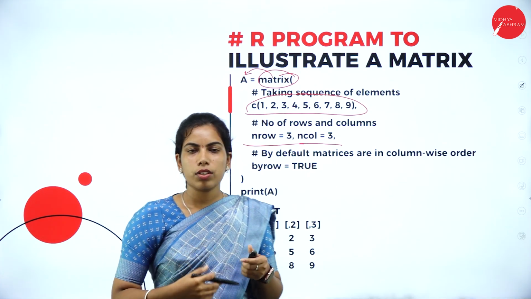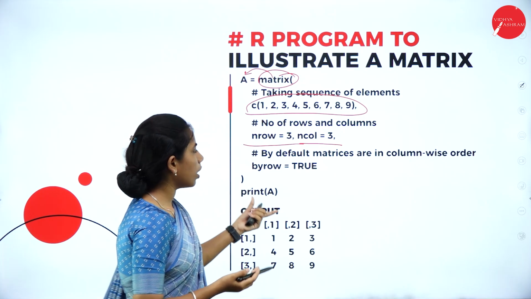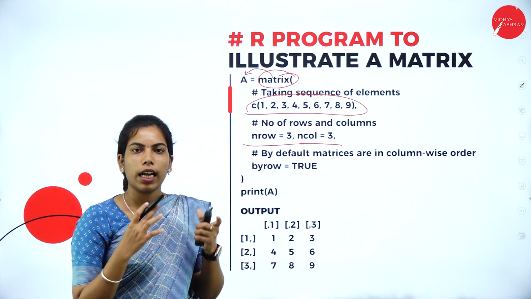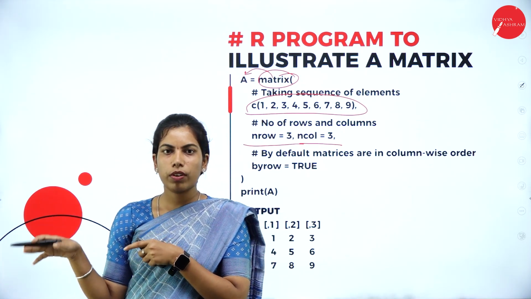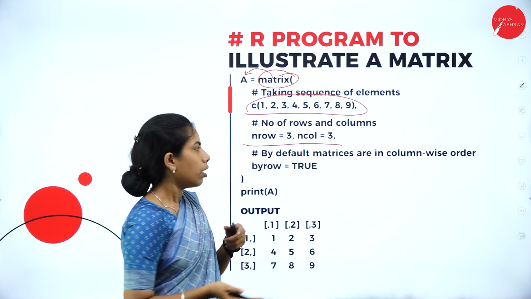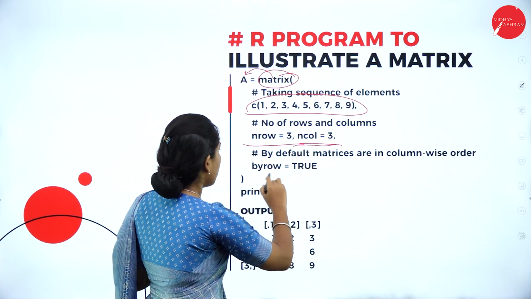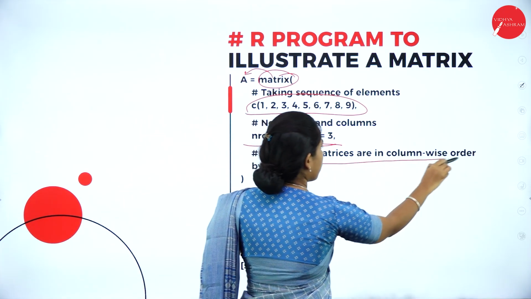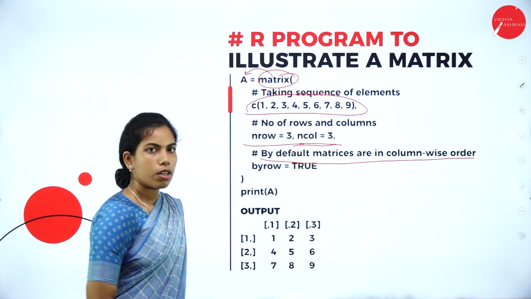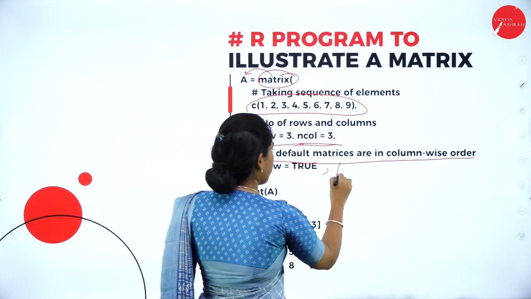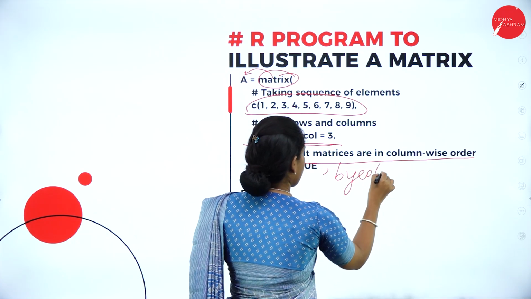In the R console, when I do not define ncol equal to 3, by default the elements are arranged in a column, meaning vertically, not horizontally. But I already declared ncol, and by default matrices are column-wise, as I already told, so no need to declare byrow equal to TRUE.